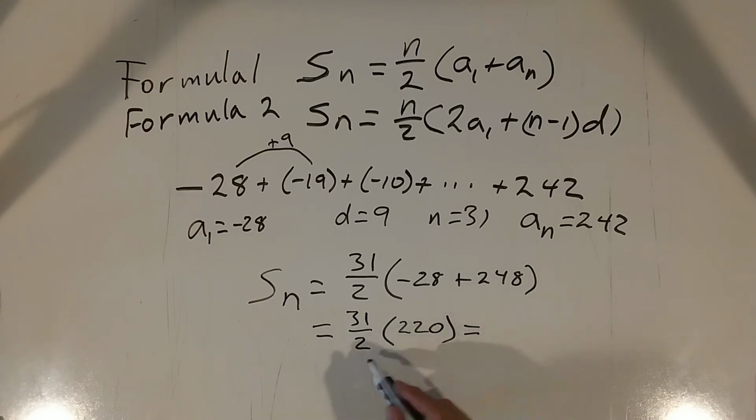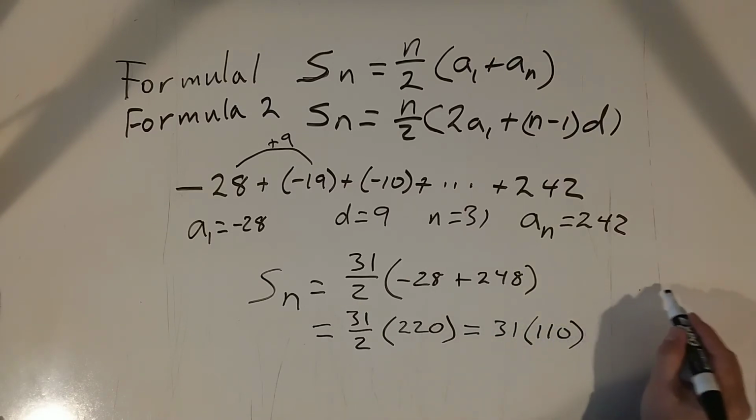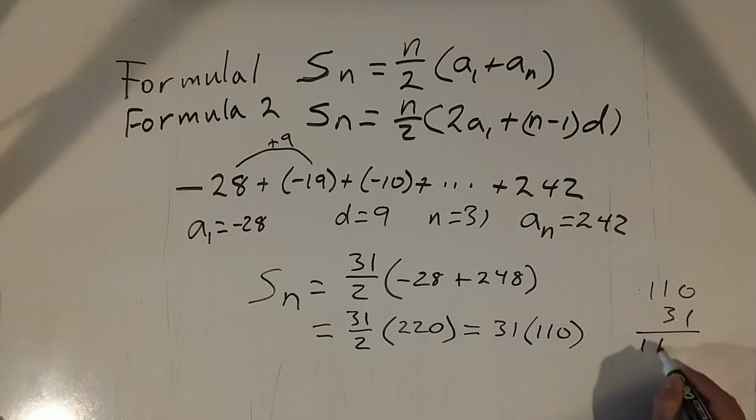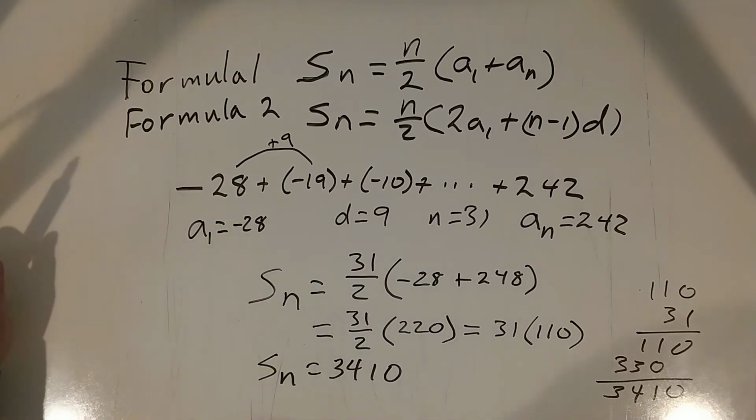I'll divide by 2 first. So this is 31 times 110. So 110 times 31. The sum is equal to 3410. Always check my arithmetic. I hope that I do them correctly, but I am known to make a simple mistake or two, as you often do on your homework.